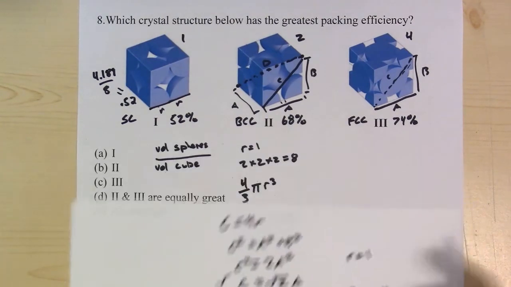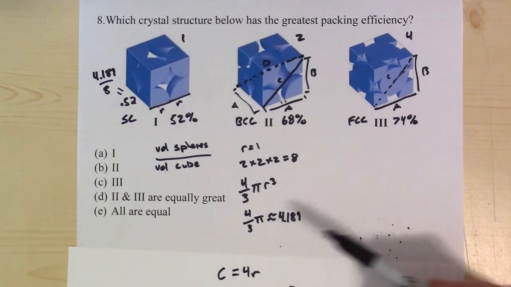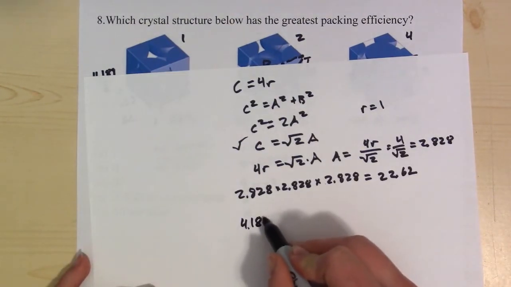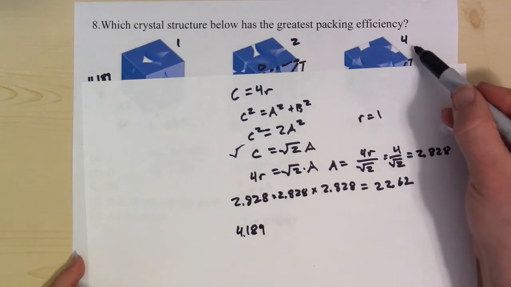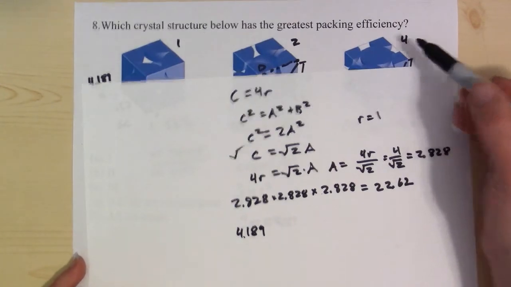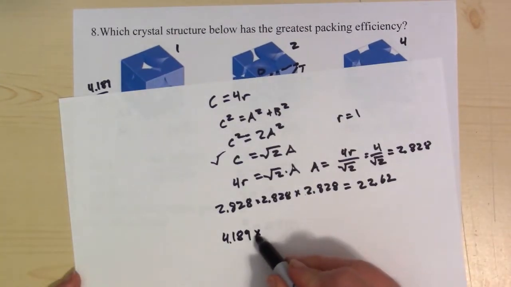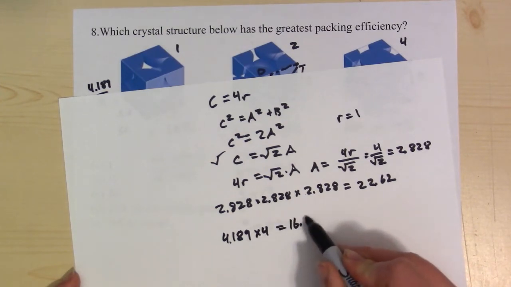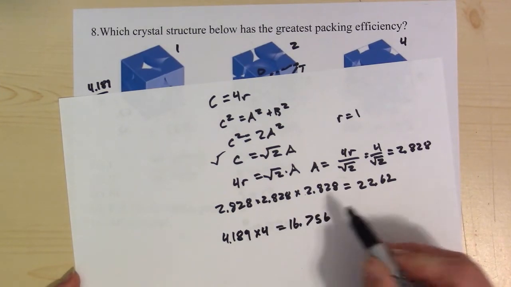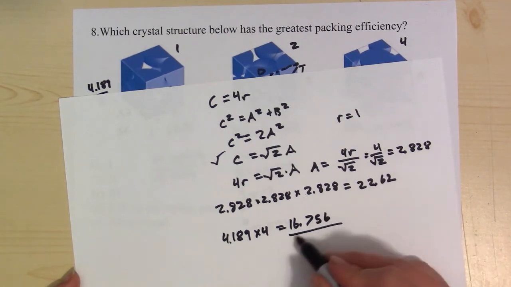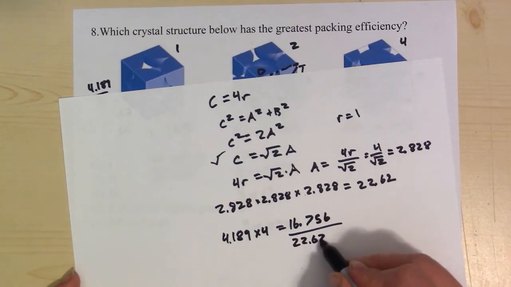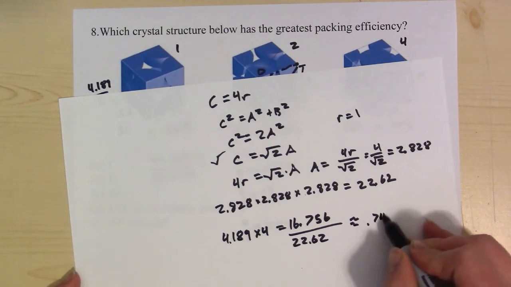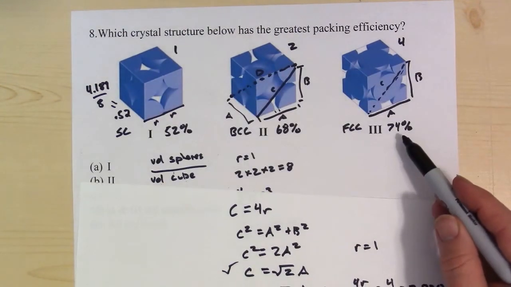So then again, we'll use the volume of our sphere that we've calculated, 4.189. Now there's 4 spheres in the face-centered cubic, so we'll multiply that times 4. That's going to give us 16.756. We'll divide that by the volume of our cube, 22.62, and that's going to give us approximately 0.74, or 74%.